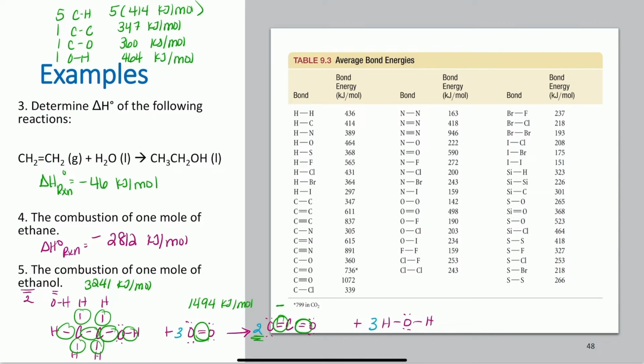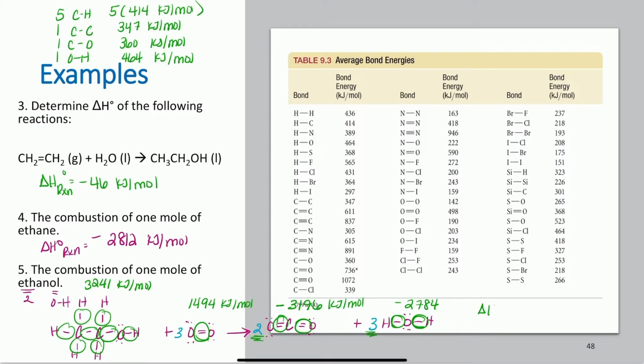But it's going to be a negative number because I'm forming these bonds. Negative 3,196 kilojoules per mole. And water. 2 OH bonds, but times 3, so 6 OH bonds, because I have 3 moles of it. 6 times negative 464, negative 2,784.